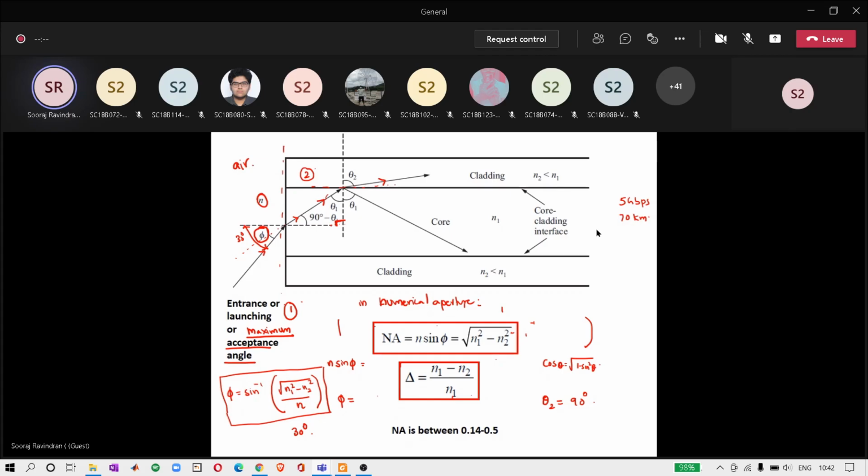That parameter is given by the square root of n1 square minus n2 square, where n1 is the core refractive index and n2 is the cladding refractive index. Now, how can you maximize numerical aperture? If I want to maximize numerical aperture, what should I do? Increase the difference between them. So how is that possible?